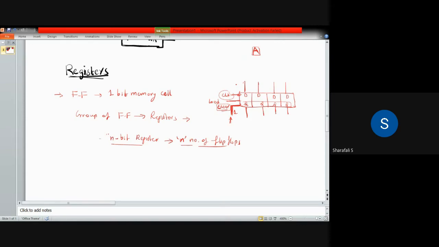So we need this load, synchronous or asynchronous, to make it stable. It is there to avoid that toggling effect when you are storing the data. Similarly, we have another one, clear, which is used to clear all the data stored in this register.